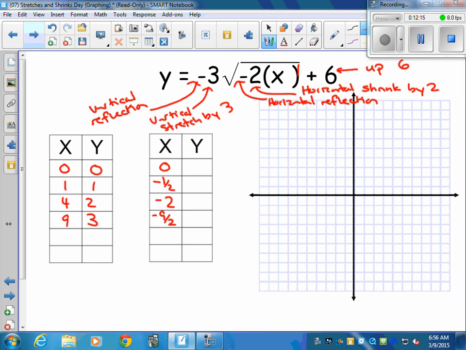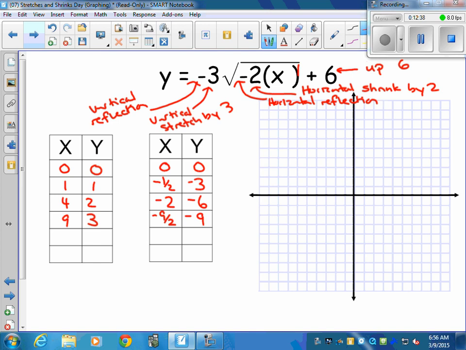We've got a vertical reflection, so all of our y values are going to be multiplied by a -1. Okay, vertical stretch by 3, so that 0 still stays 0, but we have a -1 times 3, -3. 2 times a -3, -6. 3 times a -3, -9.